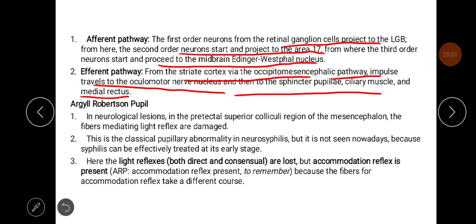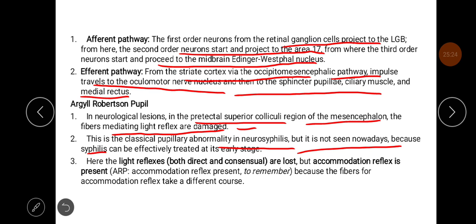So, what is Argyll-Robertson pupil? In neurological lesions of the pretectal superior colliculi region of the mesencephalon, the fibers mediating light reflexes are damaged. This classical pupillary abnormality is seen in neurosyphilis, which is not seen nowadays because we have effective treatment in the early stage.